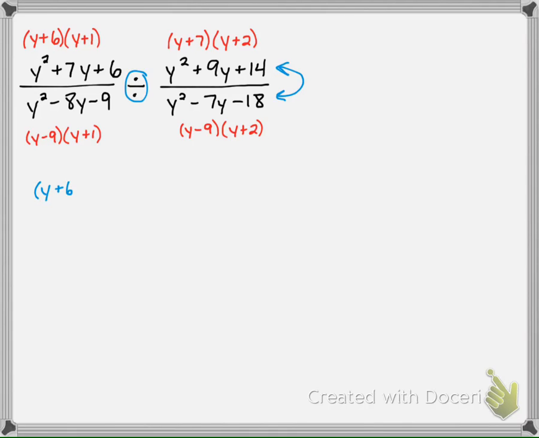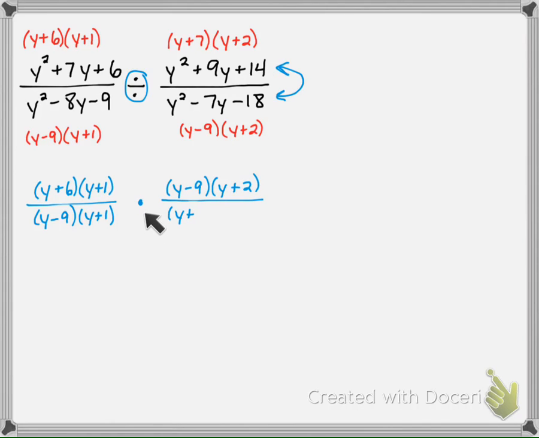So I'm going to rewrite my new expression. So I have y plus 6 times y plus 1 over y minus 9 times y plus 1 times, not divided by anymore because I changed it to multiplication, y minus 9 times y plus 2 over y plus 7 times y plus 2.